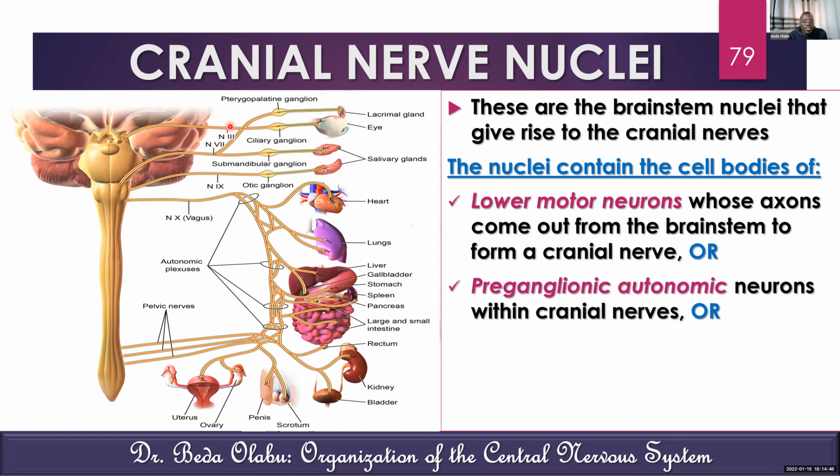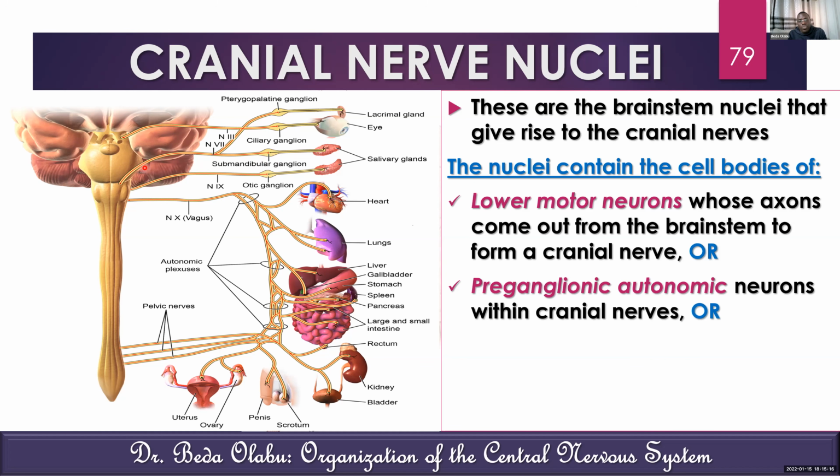In this image, the preganglionic neurons are illustrated in red, and the postganglionic neurons are illustrated with the black line. So this is the ganglion. Remember, a ganglion is a collection of cell bodies of neurons outside the central nervous system. Except it's not a sensory ganglion, it's an autonomic ganglion, in this case, parasympathetic.